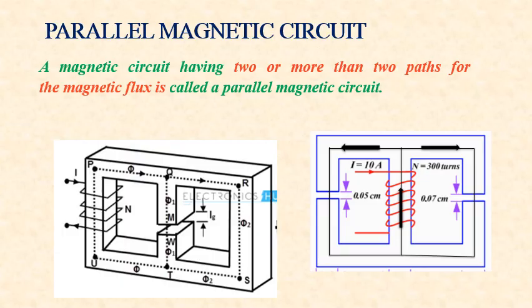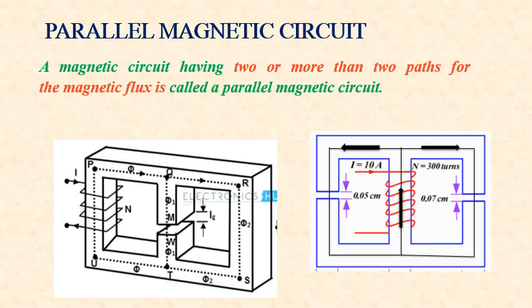We know that a magnetic circuit is similar to an electric circuit. In case of a parallel electric circuit, the total current equals the sum of currents, and the EMF across the parallel paths is the same.